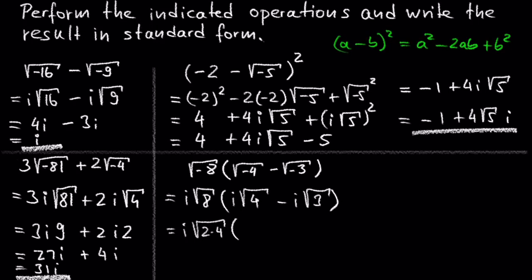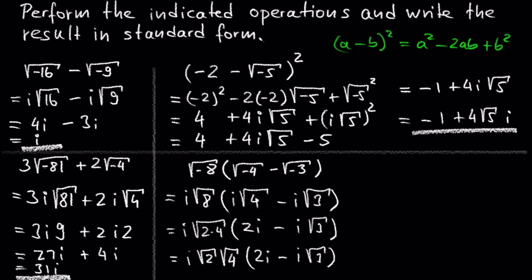The square root of 4 is 2. And the square root of 2 times 4 is the square root of 2 times the square root of 4. The square root of 4 is 2.